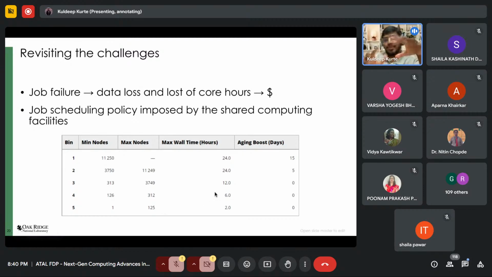This particular job scheduling policy will make sure that the entire supercomputer is shared fairly among all categories of users. So it's about the fairness of the computing resources, how fair your scheduling is.